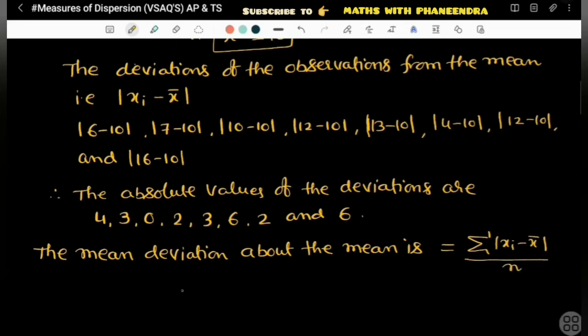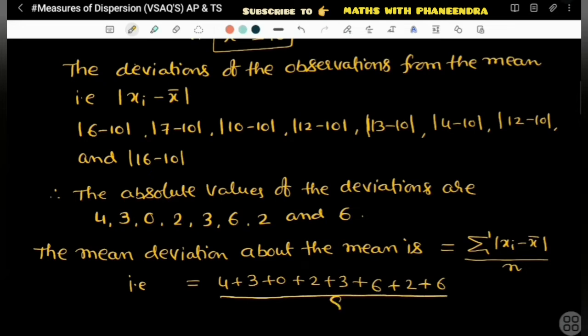That is 4 plus 3 plus 0 plus 2 plus 3 plus 6 plus 2 plus 6, divided by 8. If you add all these values, you will get 26 divided by 8.